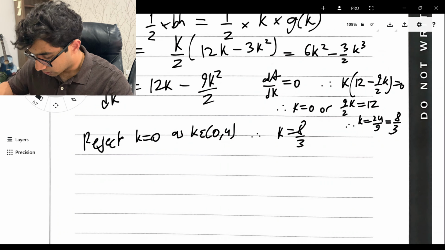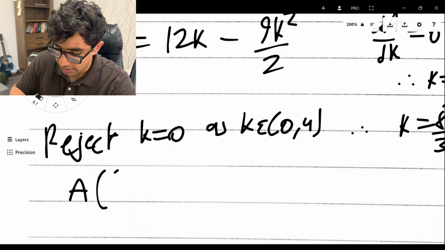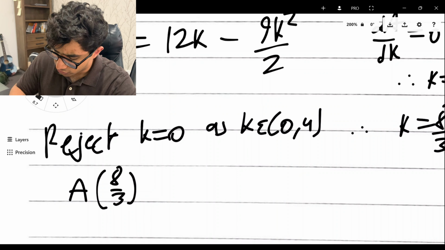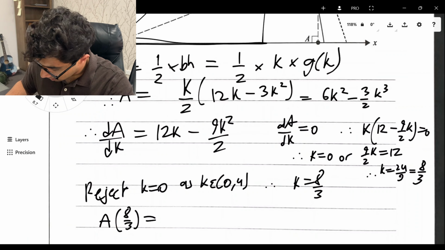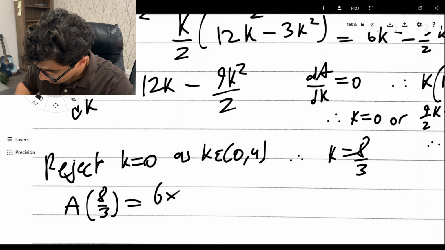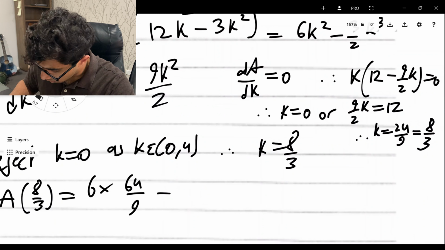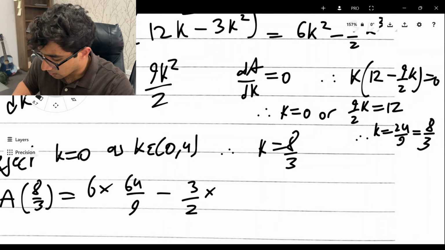So now let's sub that into the area formula to get our final answer. Area of 8 over 3: we have 6 times k squared, so 6 times 8 over 3 squared, so 64 over 9, subtracting 3 over 2 times k cubed.